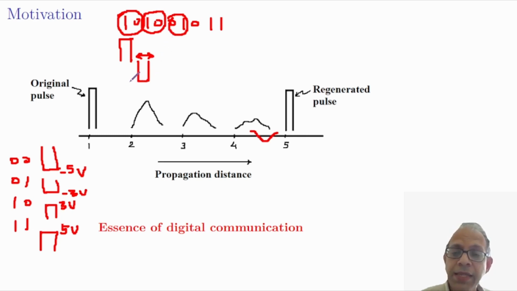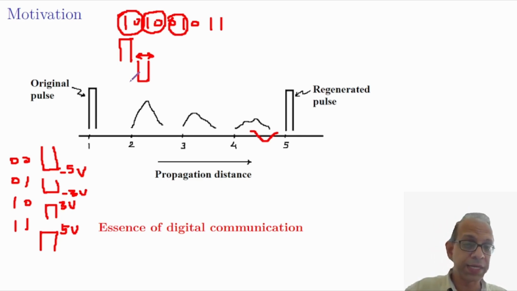In any case, the number of possible pulses we use to represent the signal is going to be finite. This we also call a symbol in digital communication terminology. So the number of symbols is going to be finite, and it is this finiteness of the number of symbols that makes the communication system a digital communication system.